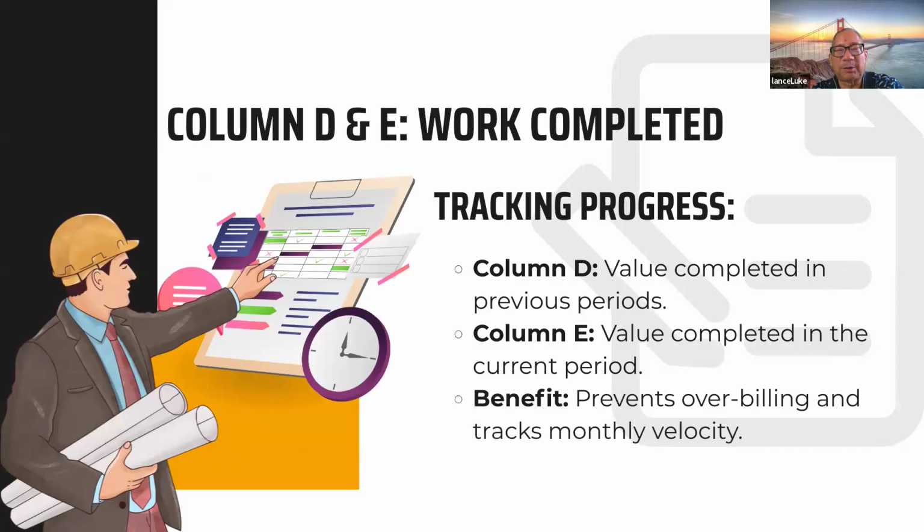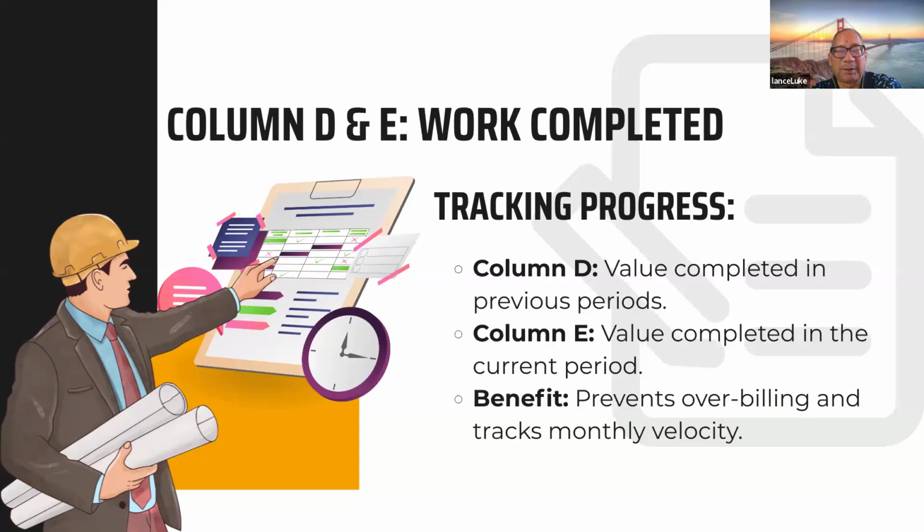In each line item, it can be easily seen what was completed previously and what's being completed now. That prevents overbilling. If you didn't know how much was paid in the past for a line item, it would be hard to calculate whether that line item amount was overbilled.